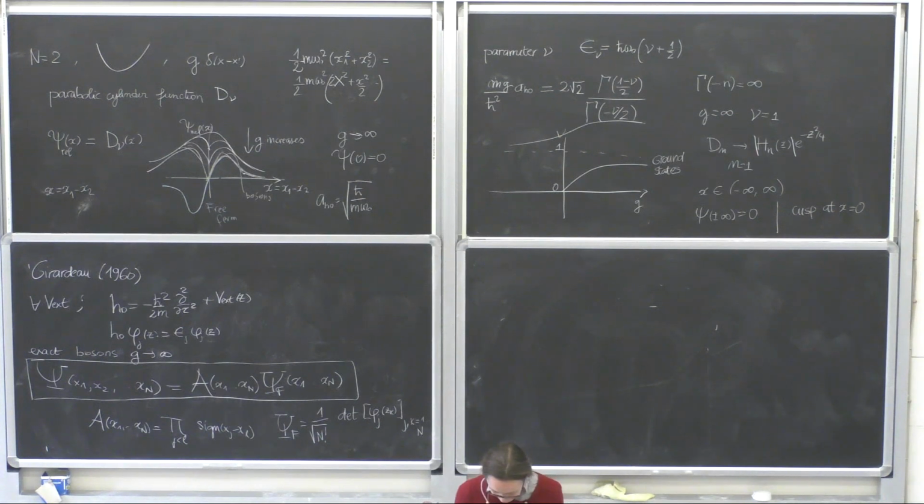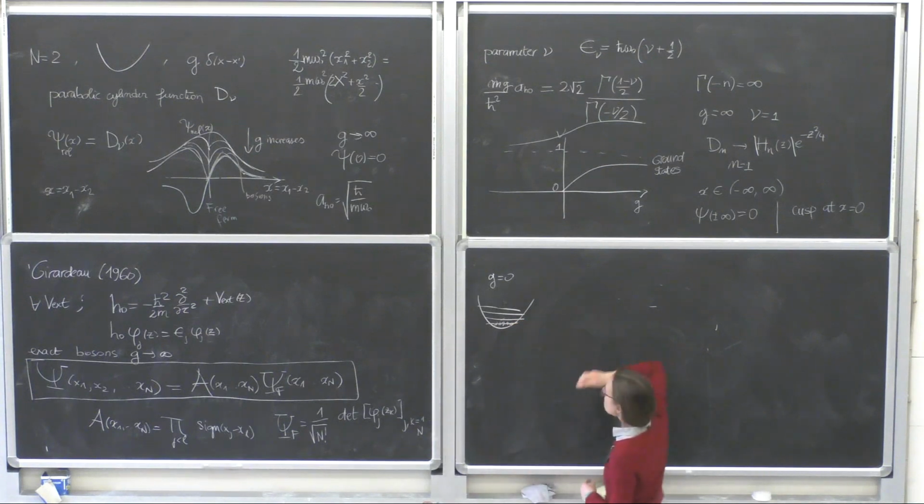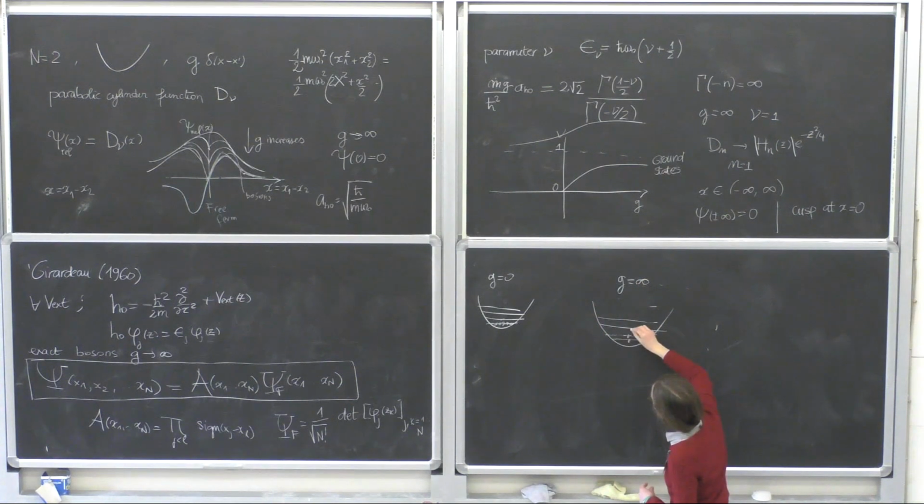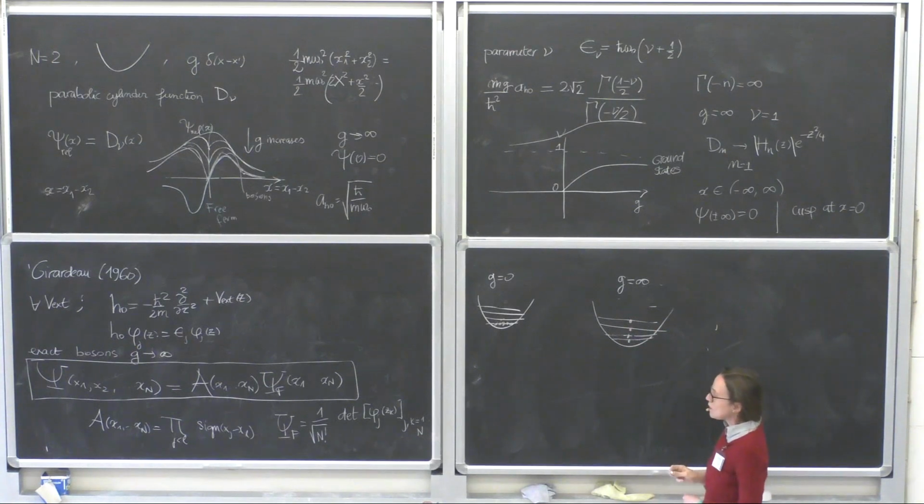So that shows that for zero interaction, we can put all the bosons in the first energy level of this trap. For infinite interactions, we can just put one boson per each energy level.